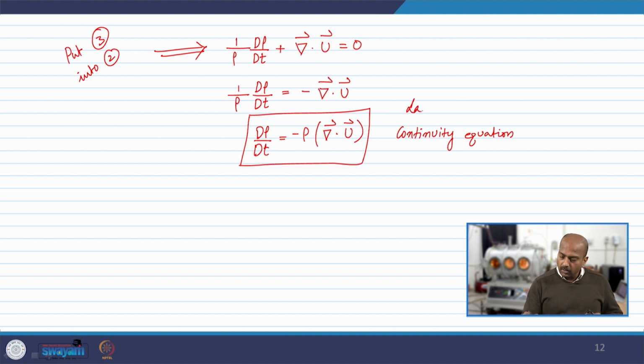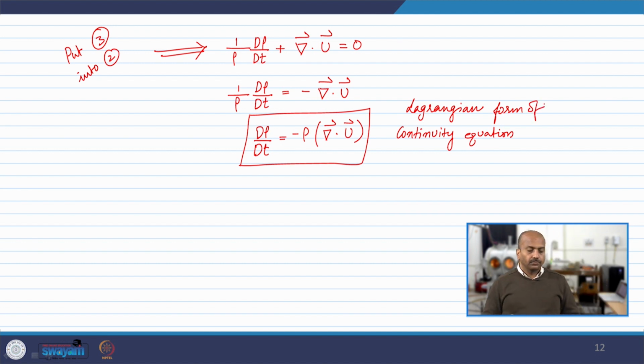This is the Lagrangian form of the continuity equation, right. So, this is the basic idea of conservation of mass and how conservation of mass can be established using a Eulerian as well as Lagrangian control volume, and how these two different forms of continuity equation are actually one and the same.